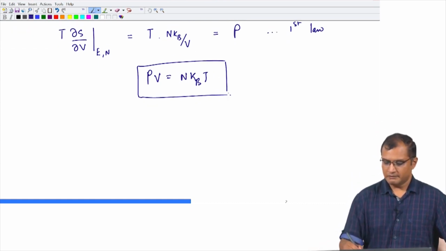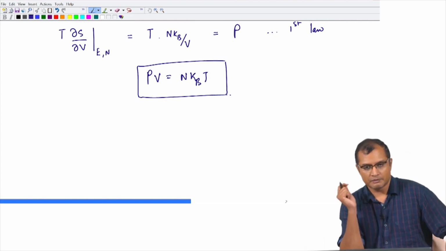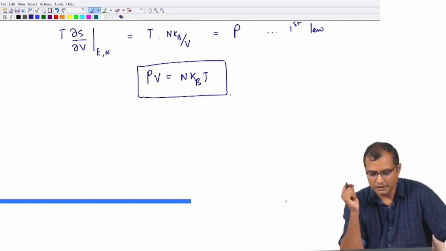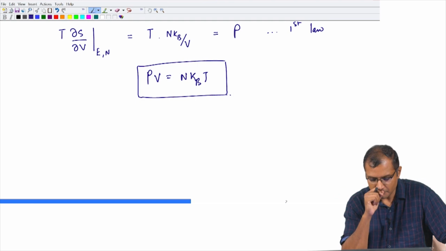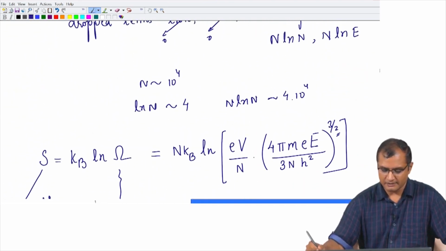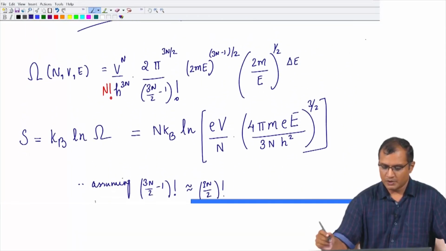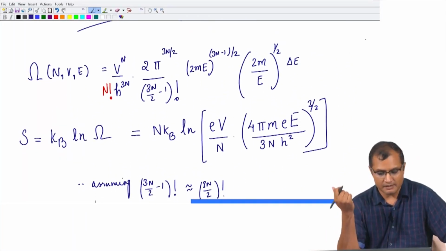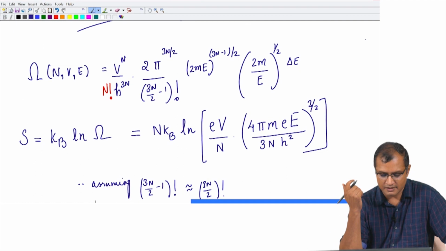And we are now in a position to generalize our argument of the entropy of an ideal gas to mixing of two gases. So, this is an important subject.